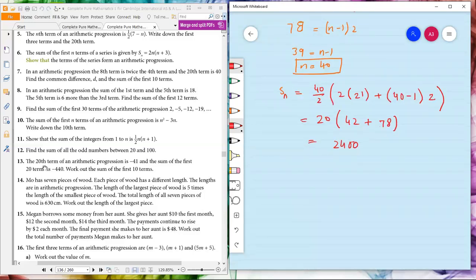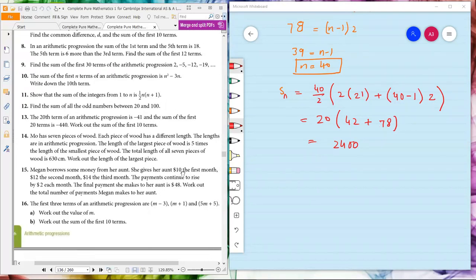Then I solved question number 13 as well. Okay, that's good. Question number 14. Yeah, that's one I had a problem with. Mo has 7 pieces of wood. Each piece of wood has a different length. The lengths are in arithmetic progression. The length of the largest piece of wood is 5 times the length of the smallest piece.